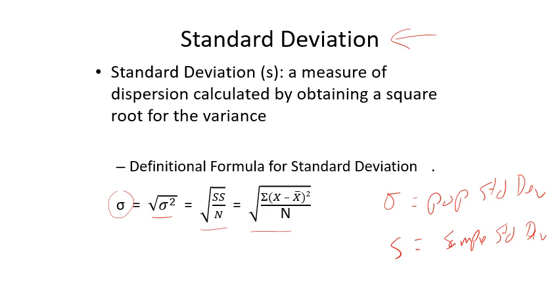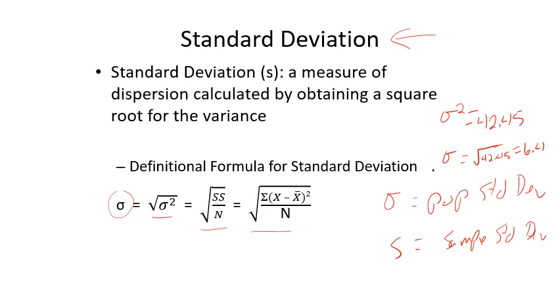On the previous slide, if you remember, we had a variance of 42.45. To get our standard deviation, we're going to take the square root of 42.45. The square root of 42.45 is somewhere around 6.4.